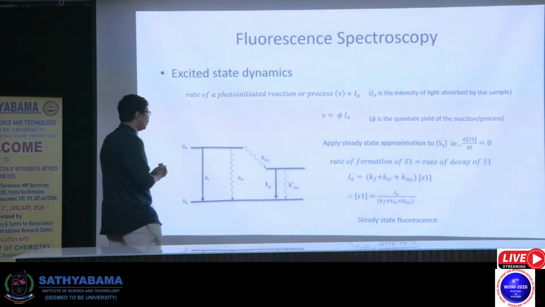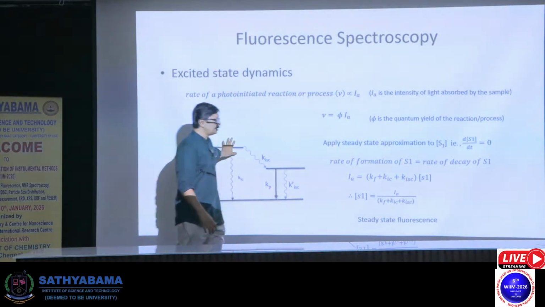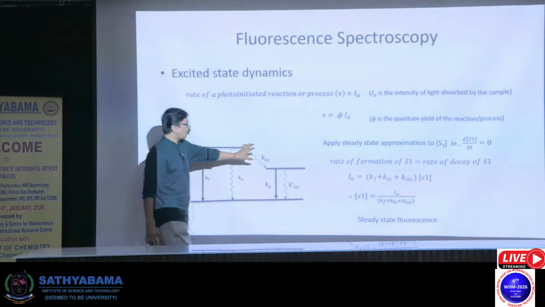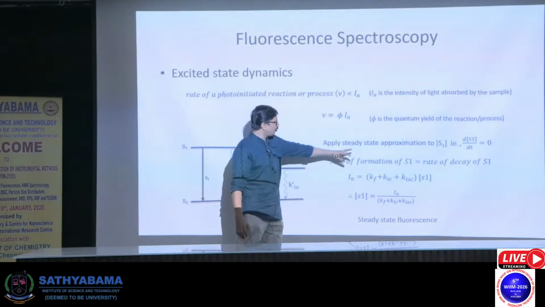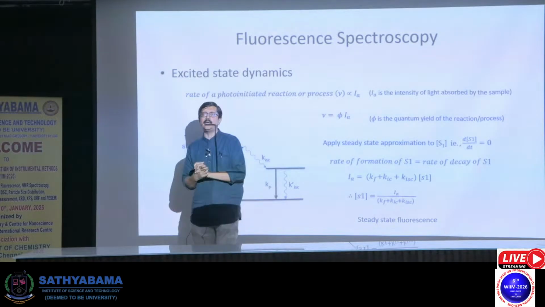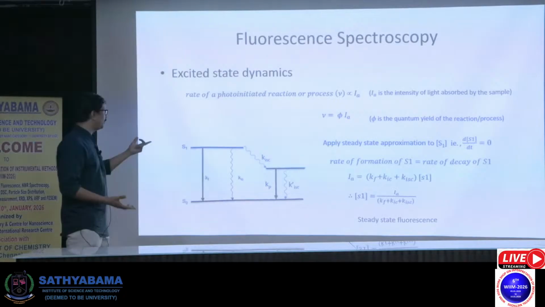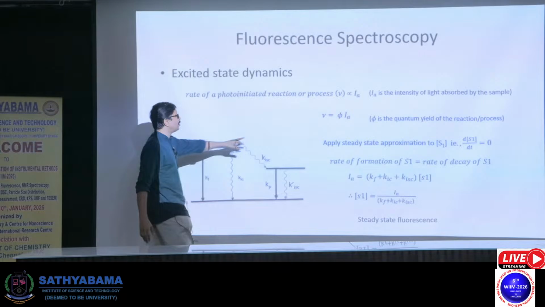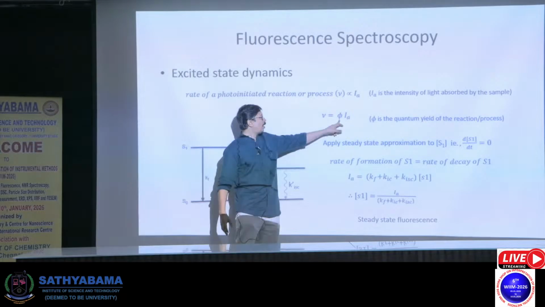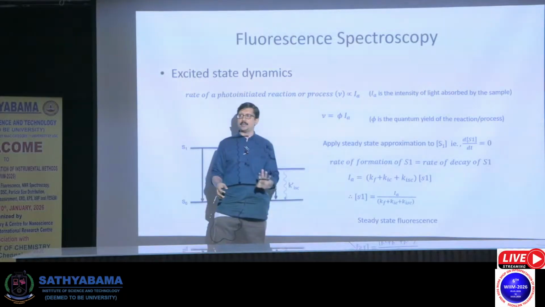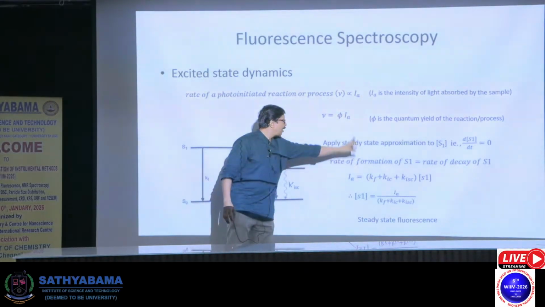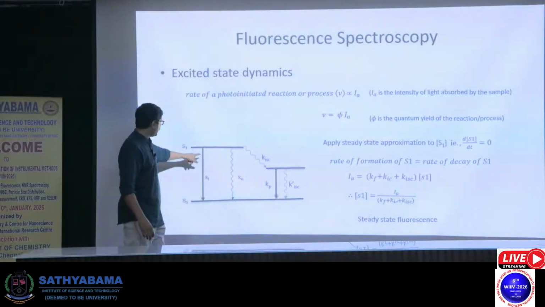Now, if you want to find out that steady concentration, what you need to do is equate the rate of formation of S1 to the rate of decay of S1. How is S1 formed? It all depends upon IA. If phi is 1, that means every photon falling is absorbed. Rate is equal to IA. So formation is IA. How is it decaying?